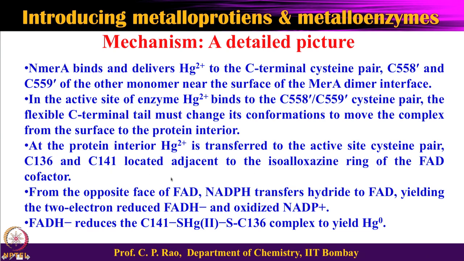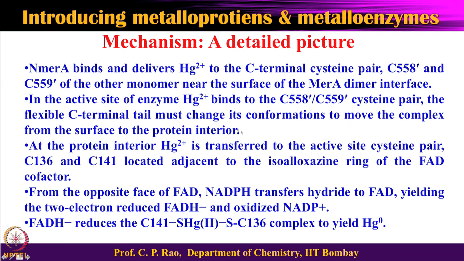By that stage the conformational changes are good enough for the FAD to get activated by NADPH. So, NADPH reduces the FAD to give FADH minus. FADH minus is sufficiently good to reduce the Hg2+ to Hg0 and reverse the enzyme back.